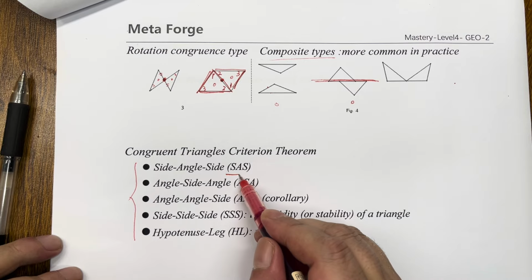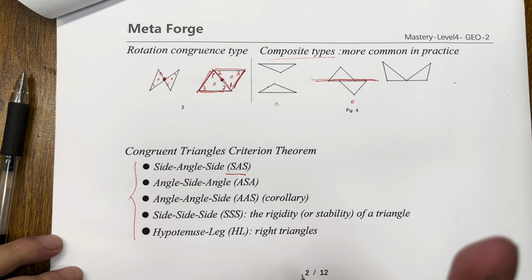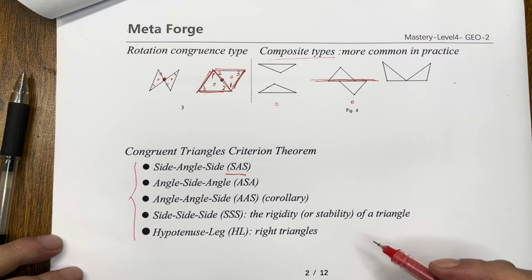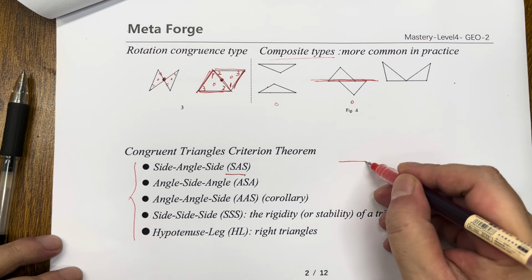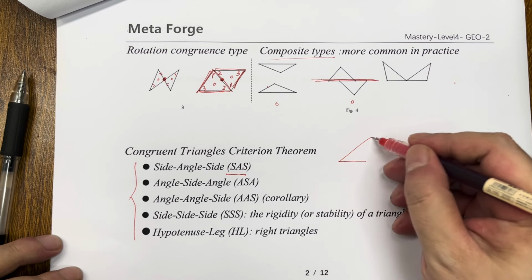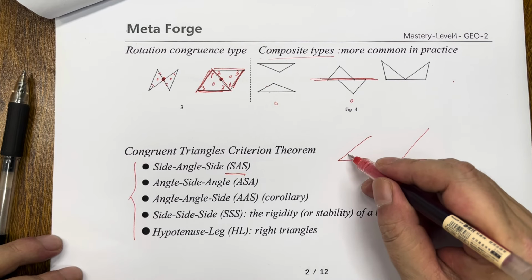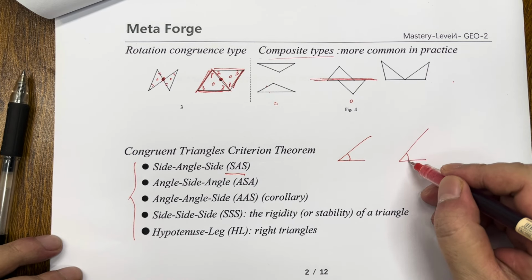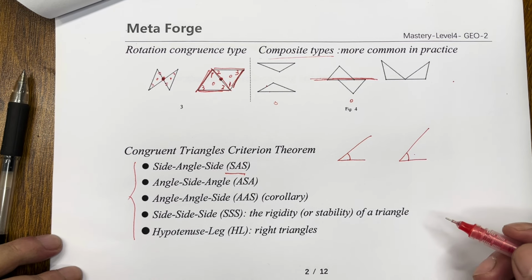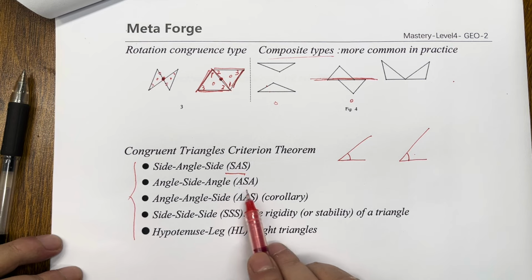SAS: 2 sides and the included angle are equal correspondingly. 2 sides and included angle equal correspondingly. Okay.